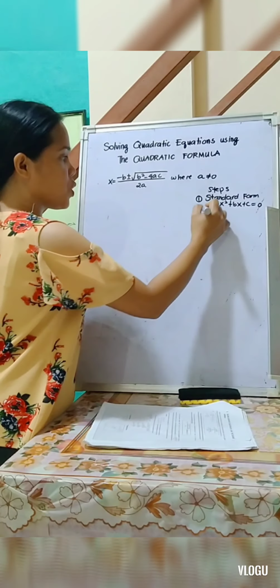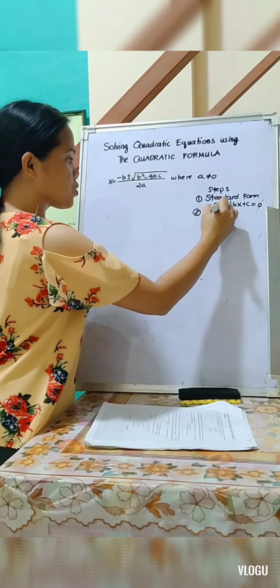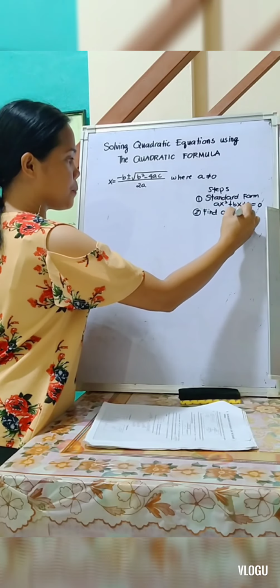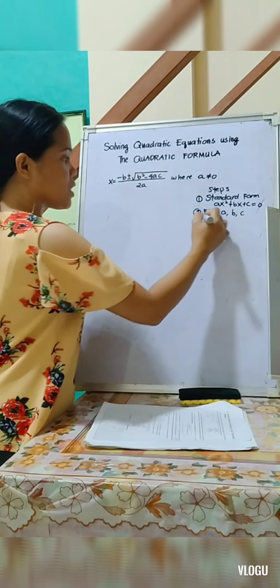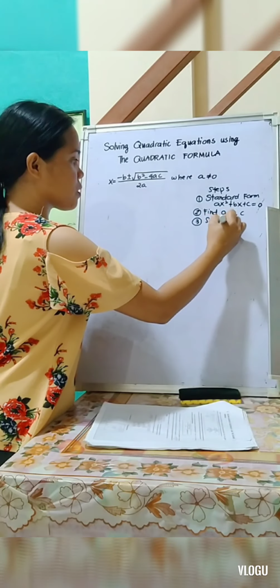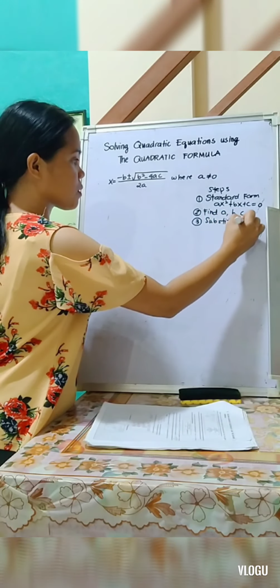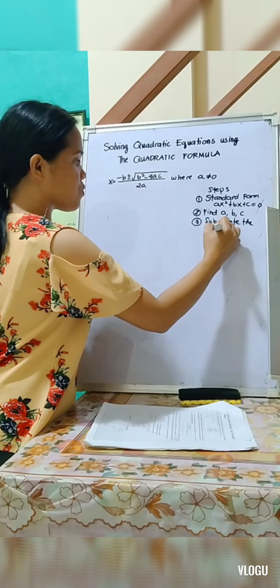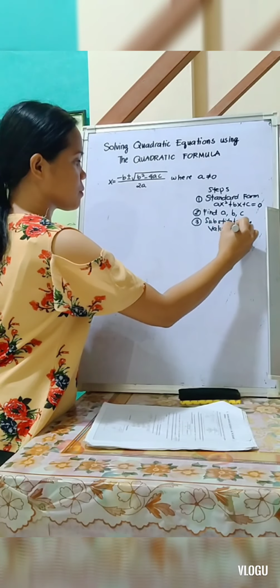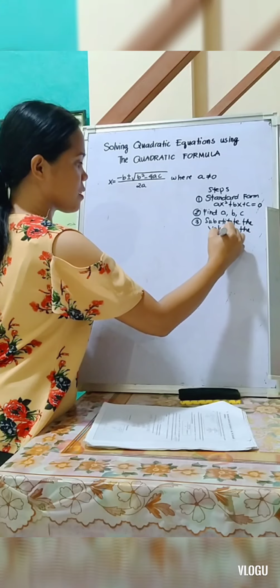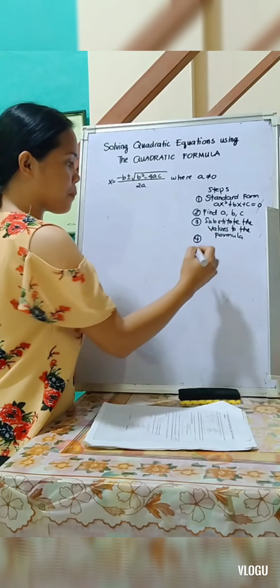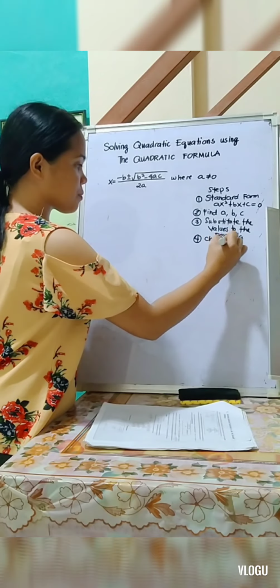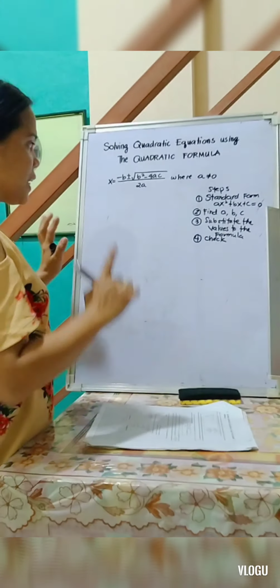Step number 2, we just find the values of a, b, and c. And step number 3, just substitute the values to the formula. And lastly, the very important step is to check your answer. Always check your answer. Okay.